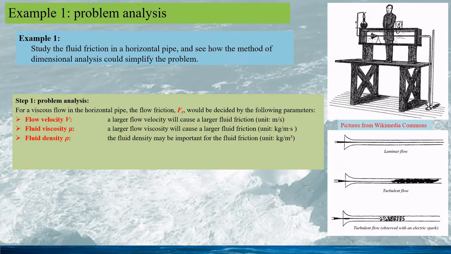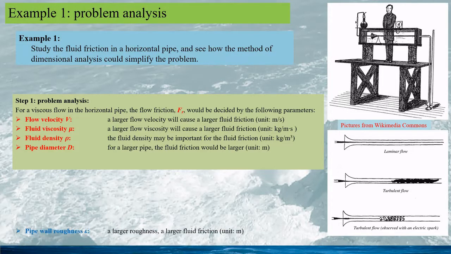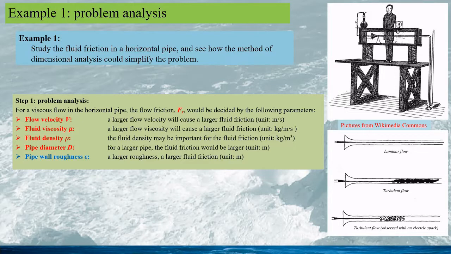The fluid density might be very relevant for the fluid friction. Generally, for a large pipe, the fluid friction would be larger. And here, we include the parameter of pipe wall roughness. For a larger roughness, a larger fluid friction may be caused, especially in turbulent flow. As such, the fluid friction can be expressed as a function like this.